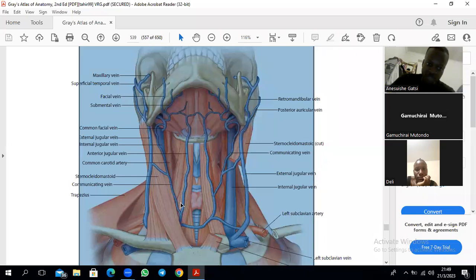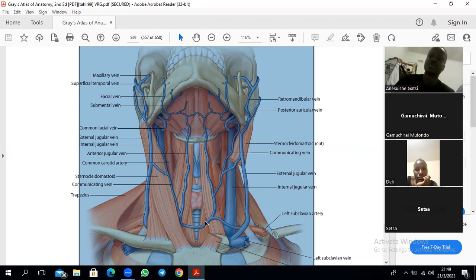Lower down here, it's as if they join each other. They form this arc here that we call the jugular venous arc. So your anterior jugular veins are joining and they create your jugular venous arc. So the veins in our superficial fascia are the external jugular vein, and also the anterior jugular veins.